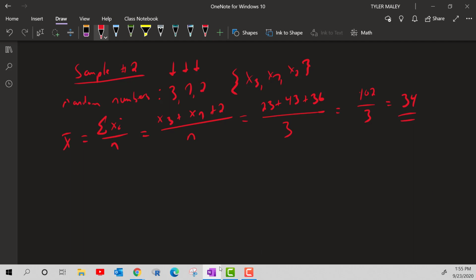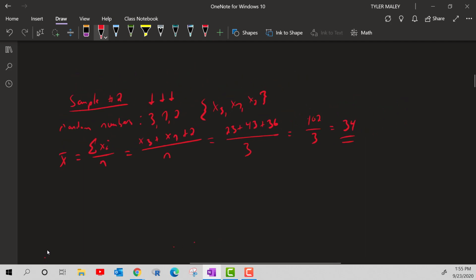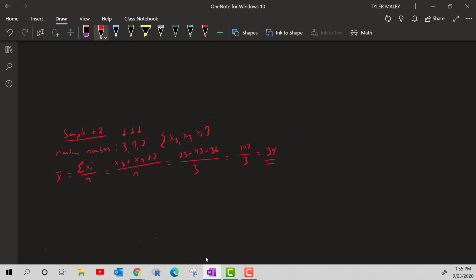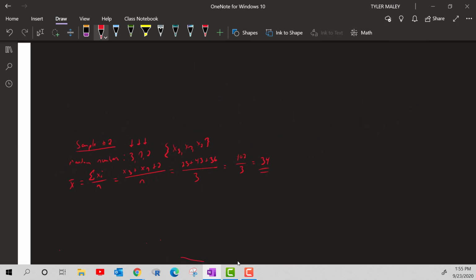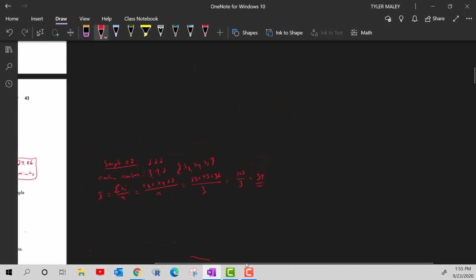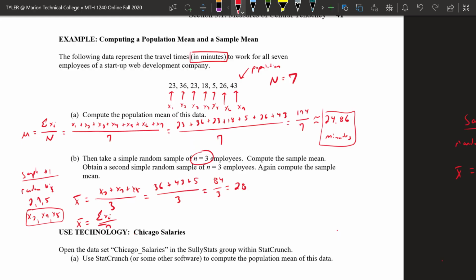So for the second sample I got 34, and in the first sample, remember, we got 28. So we got different values by taking 2 different samples, because we had different things in our sample.